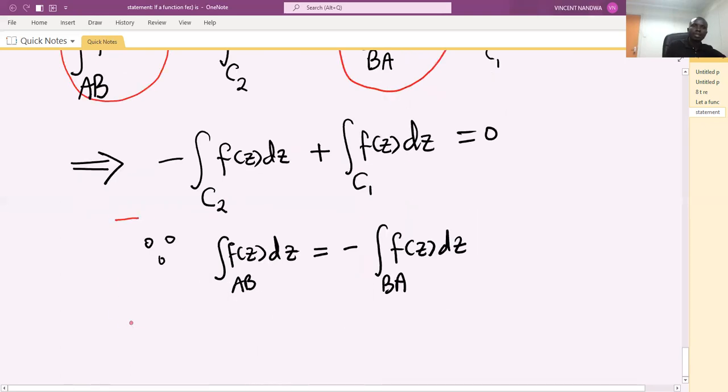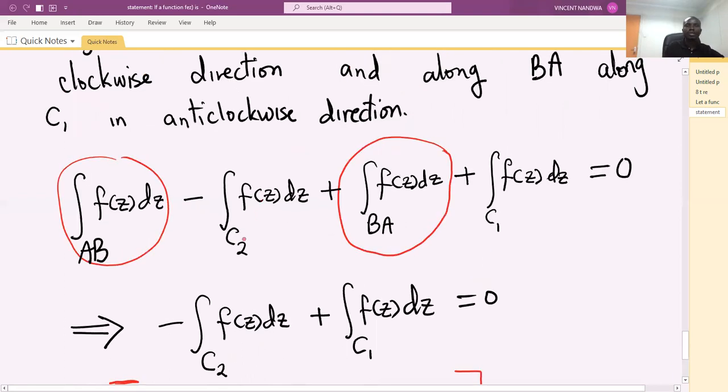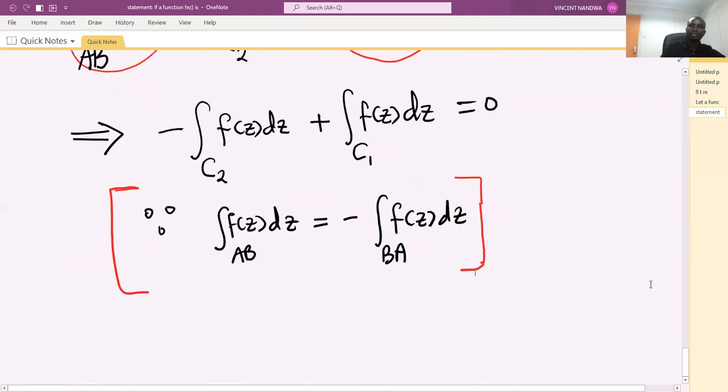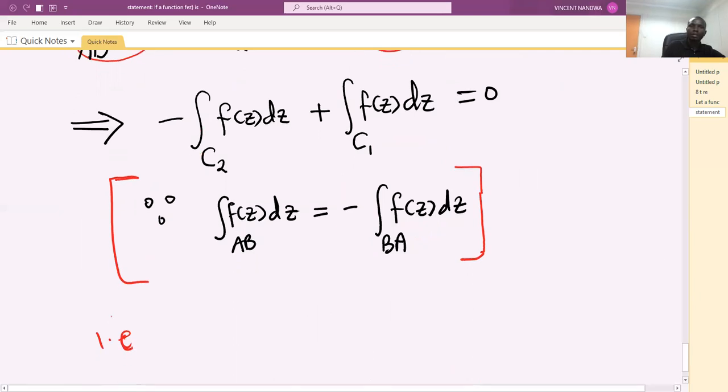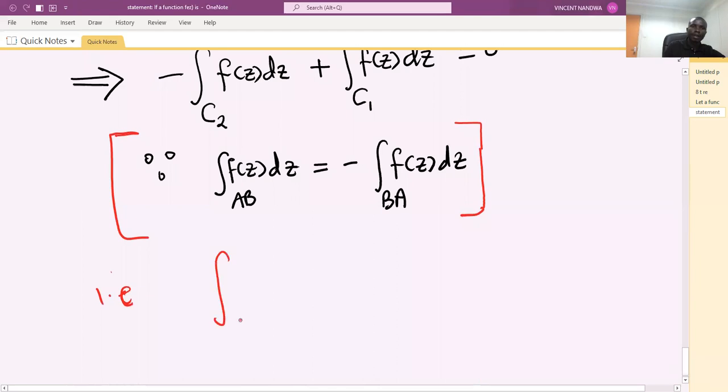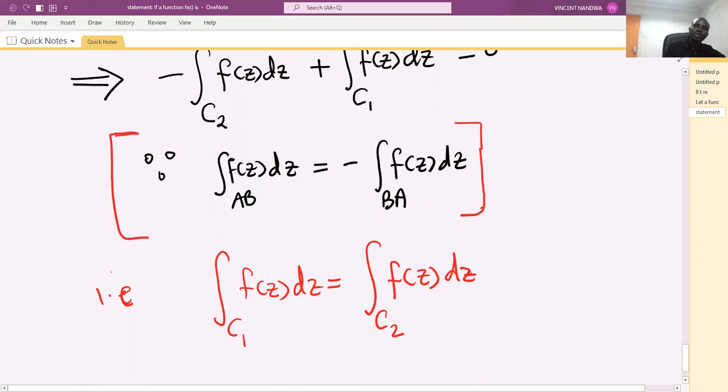That's the reason this equation reduces to negative integral along C2 of f of z dz plus integral along C1 of f of z dz. I.e., taking this to the right hand side, we have the integral along C1 of f of z dz is given by the integral along C2 of f of z dz. So this was the result that we were to prove.